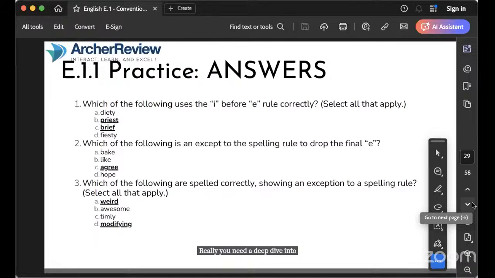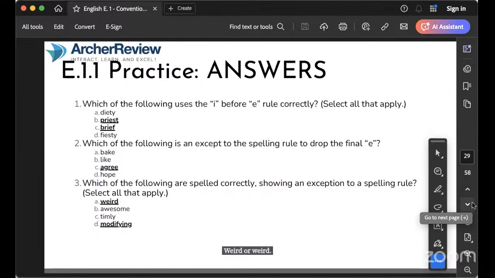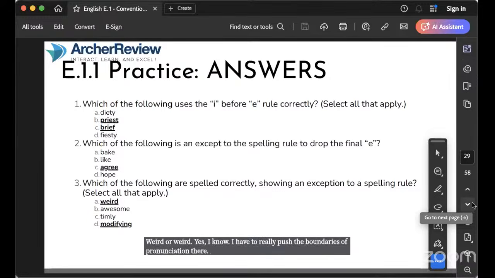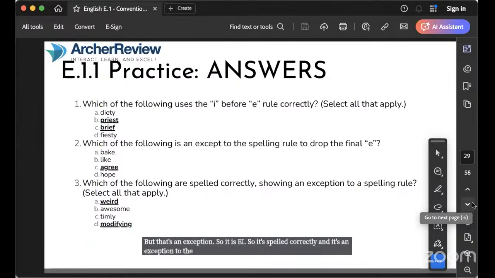So with I before E except after C or when it makes the "ay" sound, weird. Yes, I know, I have to really push the boundaries of pronunciation there. But that's an exception, so it is EI. So it's spelled correctly and it's an exception to the I before E rule.